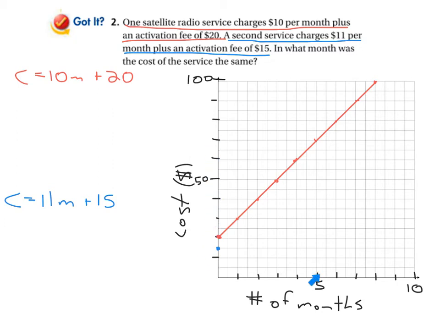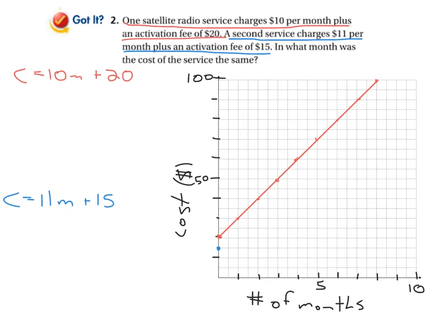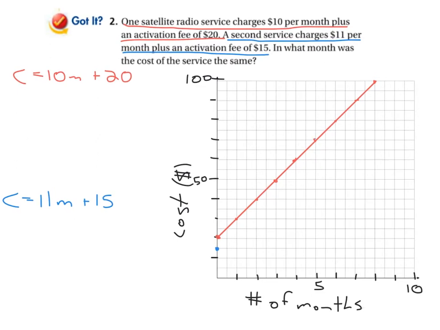So if I go to (5, 70), I didn't pick that point because it was the solution, although it happens to be, okay? What I did there is I just said, I want to make my answer be a nice neat multiple of 5. So I can plug in any number. I can move by the slope, but I can also just find a second point by plugging in a value for M, and it'll produce a number for C, and that'll be a second point somewhere.